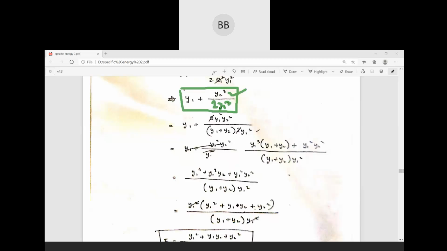We derived that yc cube is equal to twice y1 square y2 square divided by y1 plus y2. That expression we have just derived for the rectangular channel, we substitute here in place of yc cube. So it will be twice y1 square y2 square divided by y1 plus y2, multiplied by twice y1 square. So this 2 and this 2 will be cancelled.